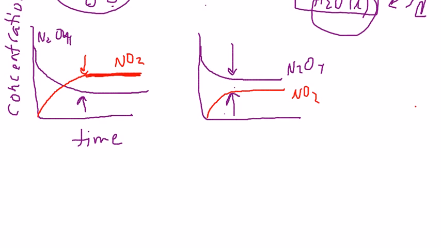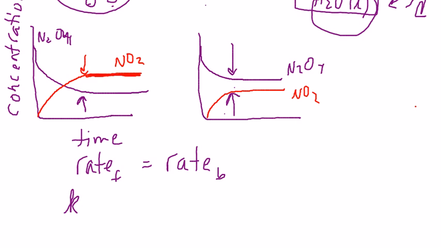Another way we can look at this reaction is from the perspective of kinetics. We've talked about how the rate forward equals the rate back once chemical equilibrium has been achieved.